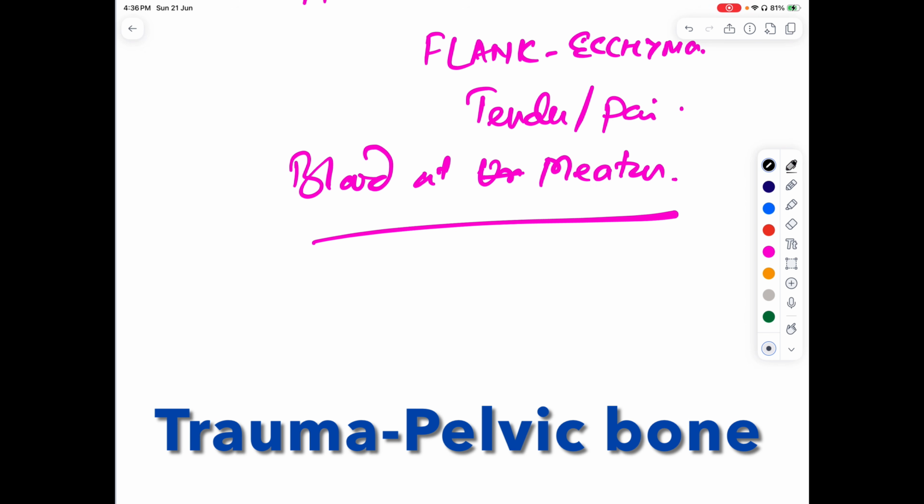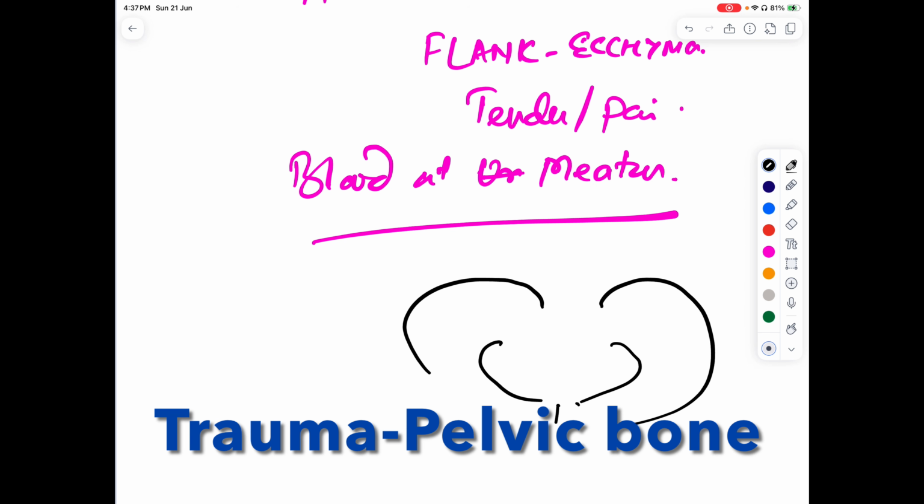You will be getting an X-ray where there is the pelvic bone, two blades, and normally the pubic symphysis should be in the center. If you find this is totally disrupted and this is the sacrum in the center, you have to read the X-ray.